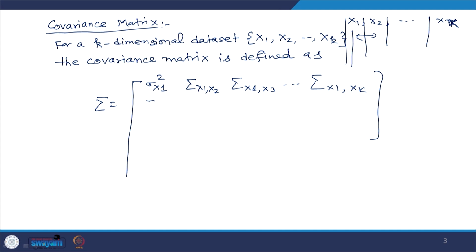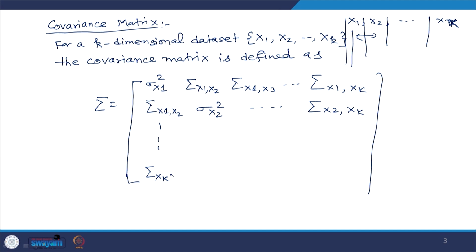Then this will be again covariance between second and first column, which will be the same because it is a scalar quantity, then variance of second column, and that way finally, sigma xk x1, means covariance between kth and first column, which is similar to this one.